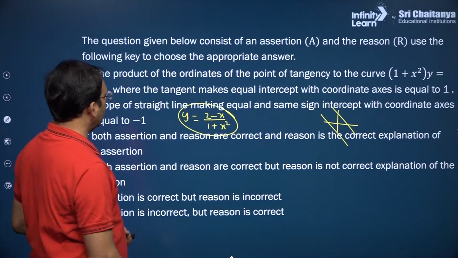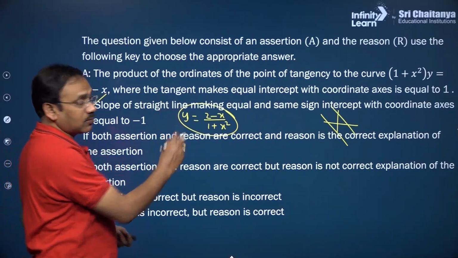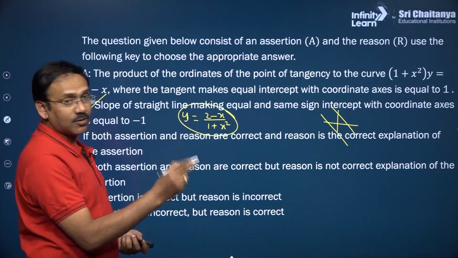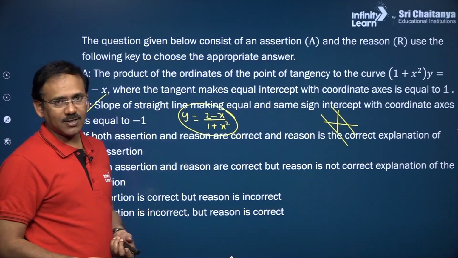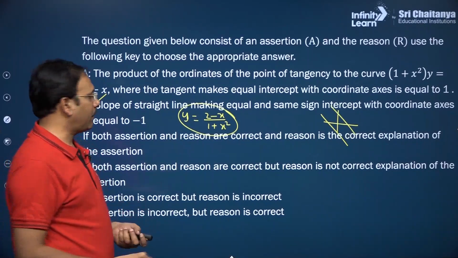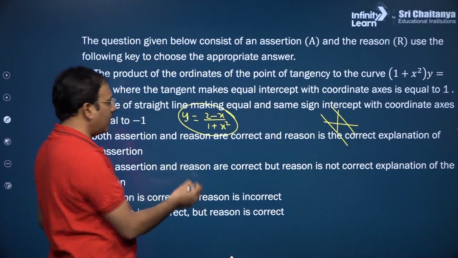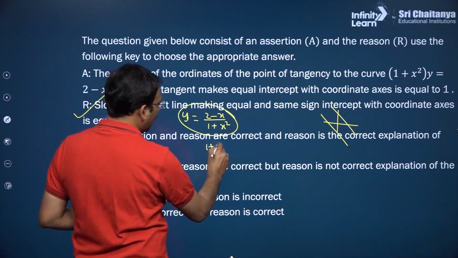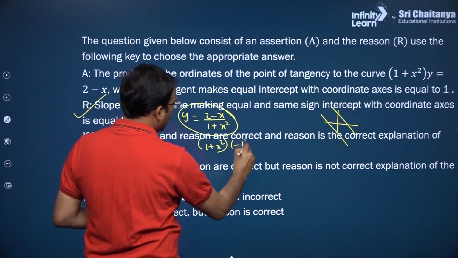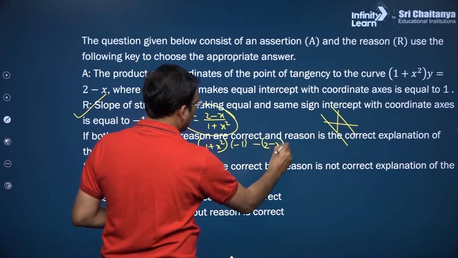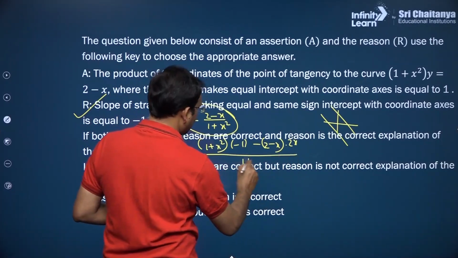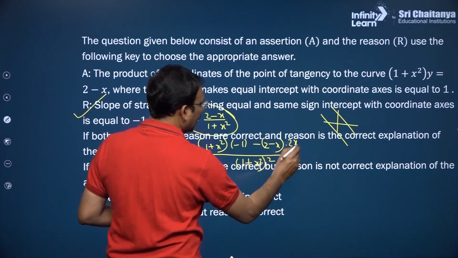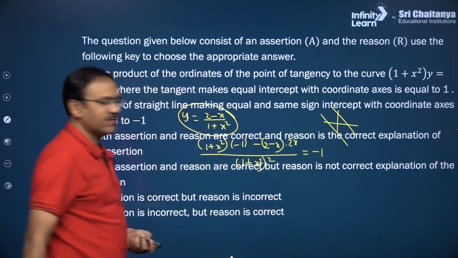S is going to be, he is asking the product of ordinates of the points of tangency to this particular curve, where the tangent makes equal intercepts, meaning the tangent slope must be minus 1. You just find its derivative. This is v derivative of u minus u derivative of v by v square, where v square is 1 plus x square whole square. This must be made equal to minus 1, my dear friends.